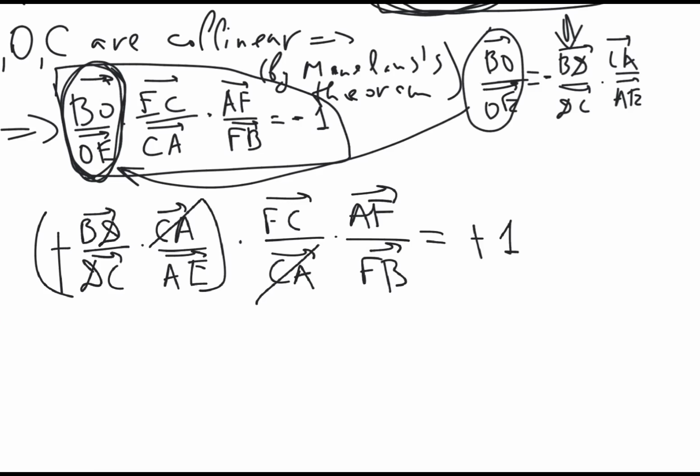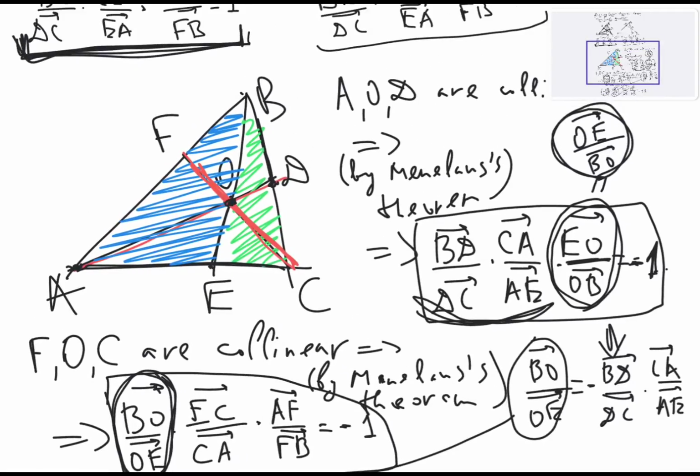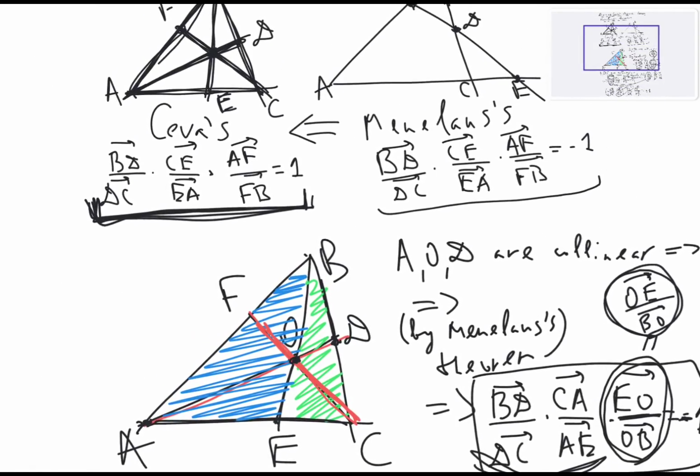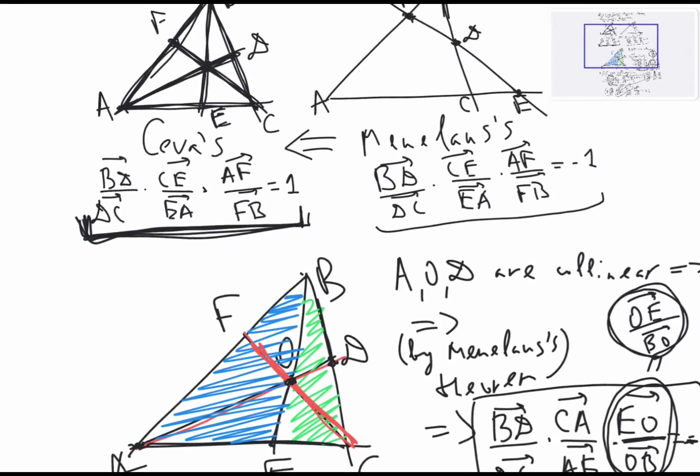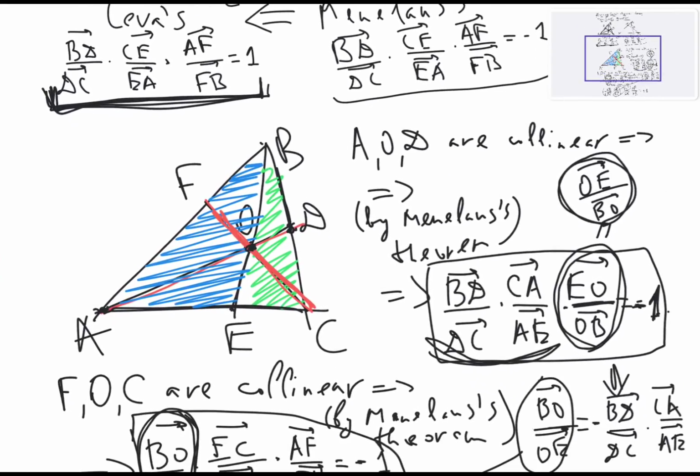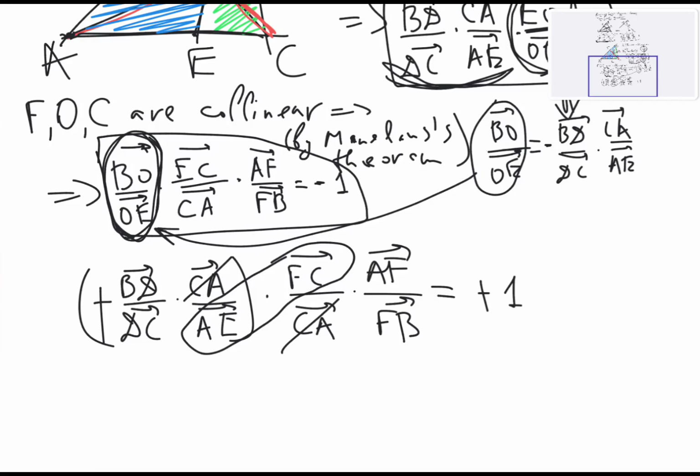So yeah, now we get only this ratio FC over AE, and what we need is, oh, this is not FC, but this is EC.